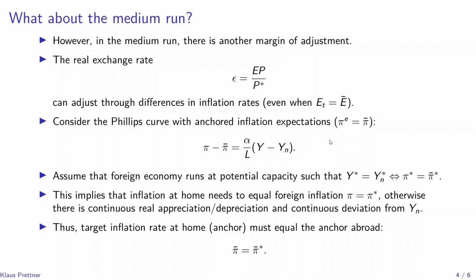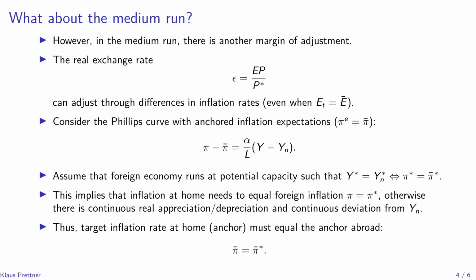Now assume, for the sake of the argument, that the foreign economy runs at its potential capacity, which would mean that its actual output level is equal to its potential output level, which would imply that the actual inflation rate is equal to the anchored inflation rate. That would imply that the inflation rate at home would need to be equal to the foreign inflation rate, because otherwise there would be continuous real appreciation or real depreciation, and therefore continuous deviation from the potential output level at home.